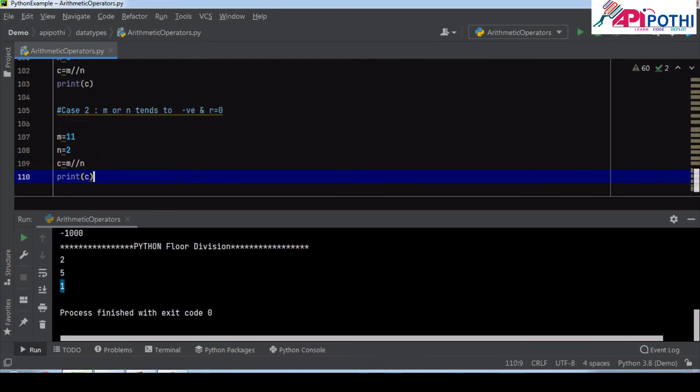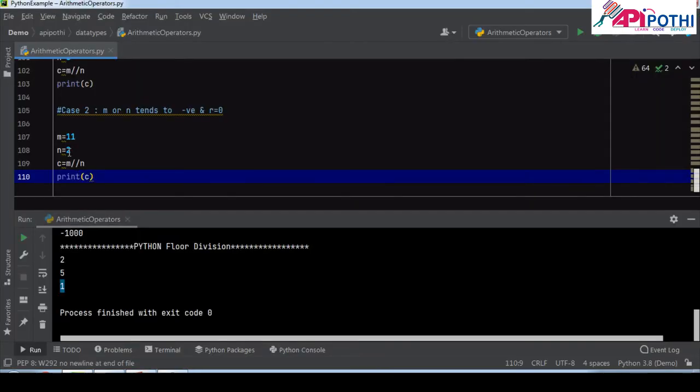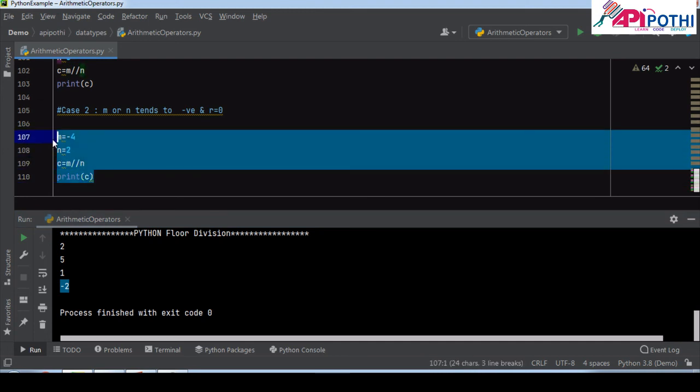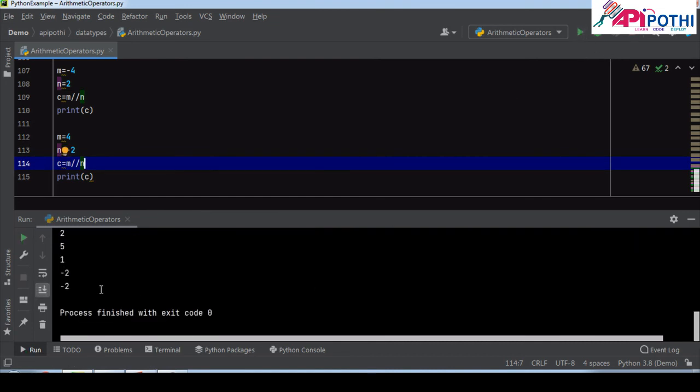First we keep m equal to minus 4 as per the PPT, minus 4, and here 2. Now it should give minus 2. Now copy this one. Instead of m negative, I'm keeping m as positive and n as negative. It should again give minus 2 only.